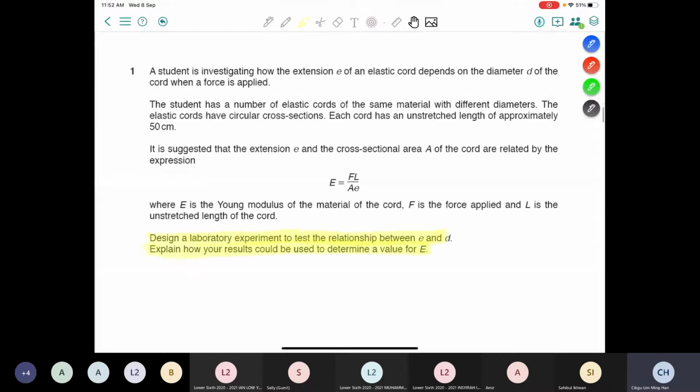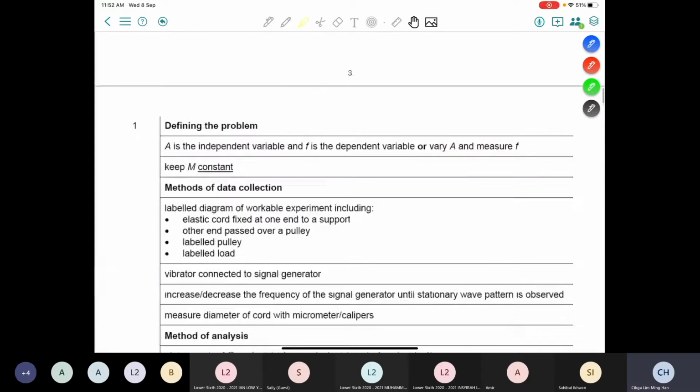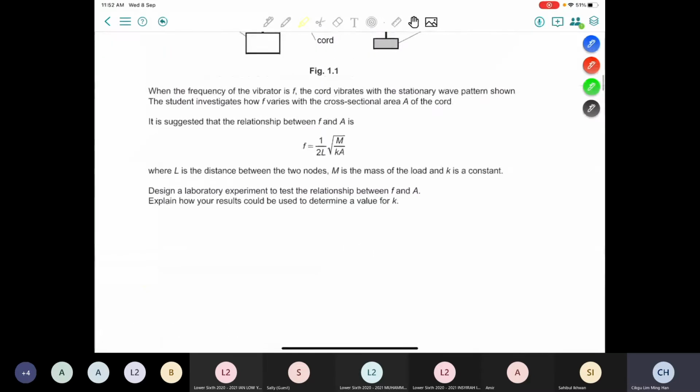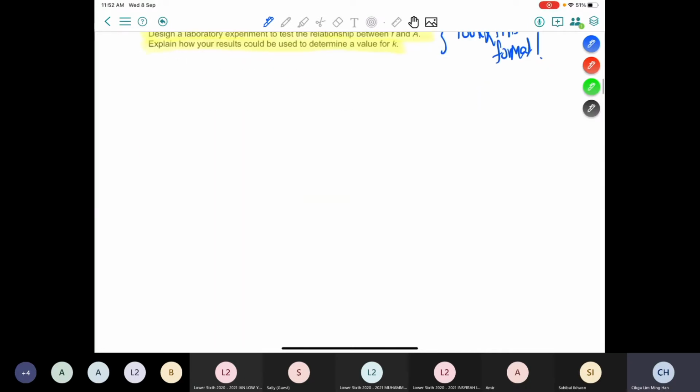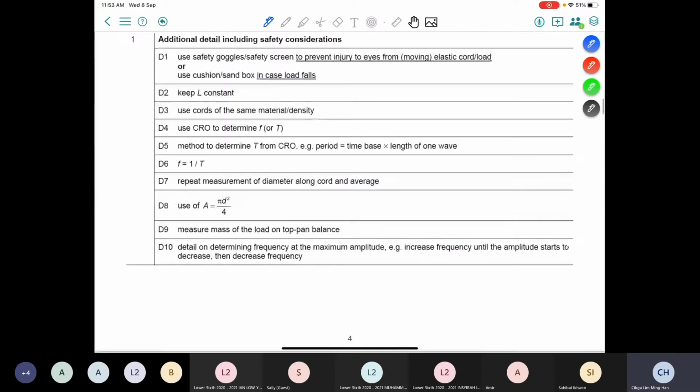Even if you look at the second one just now, they all have the same format. So tomorrow you will see this same format also. Okay. Look for this format. Yeah. So this is the format that you will see tomorrow.